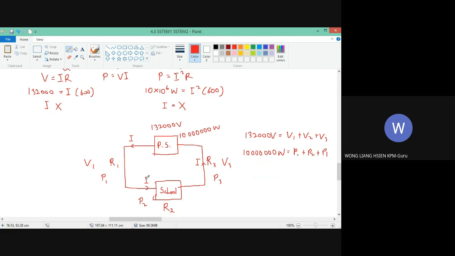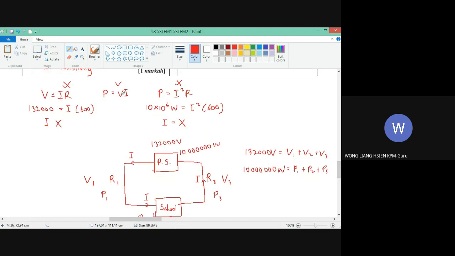Because they are all in series, this current, this current, this current are all the same. And this current is what current? This is the total current, the biggest current, because the current comes from the power station, right? So the current that flows through the cable is the total current.